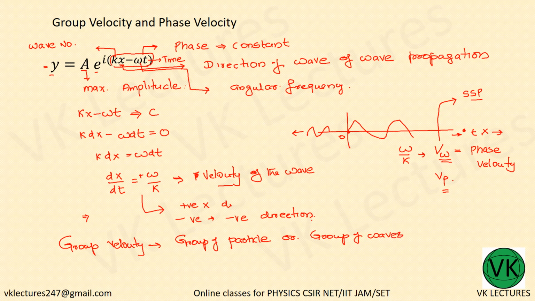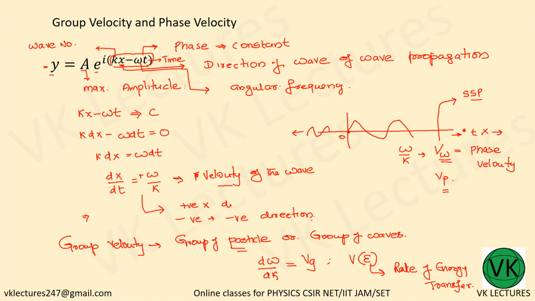It is d omega by dk, which we represent by vg, the group velocity, or sometimes we will represent it by ve. This e represents the rate of energy transfer. Up to here we had discussed in the previous class.